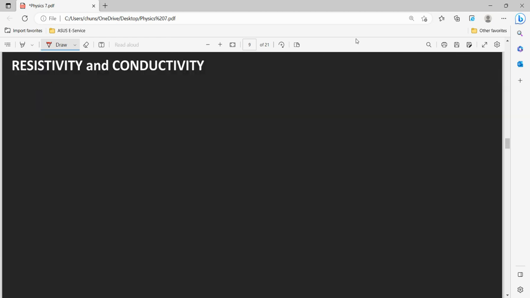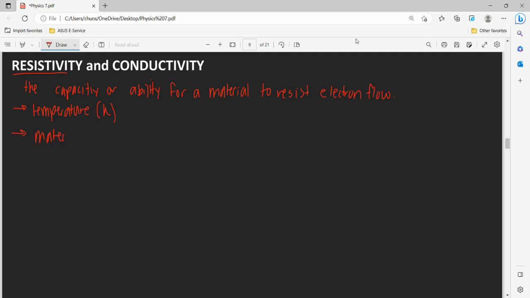And now let's talk about resistivity and conductivity. So resistivity is the capacity or ability for a material to resist flow, and it is specific to temperature in Kelvin, and it is specific to the material that is being used.